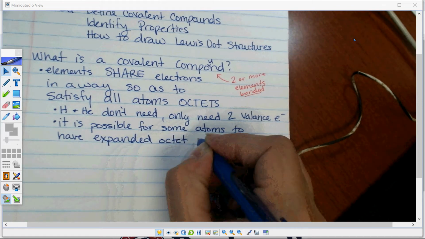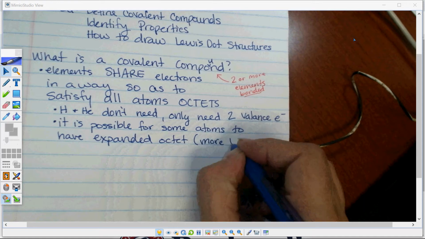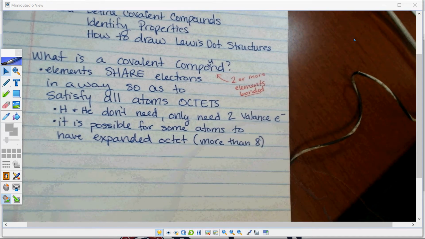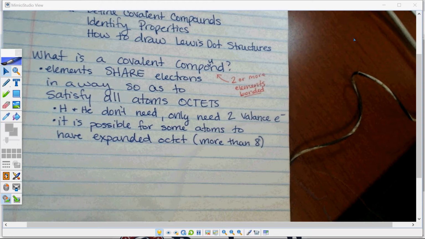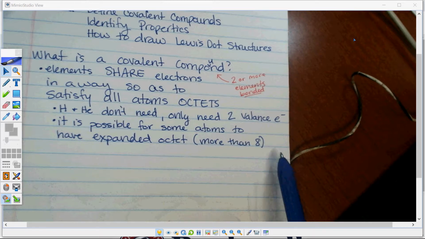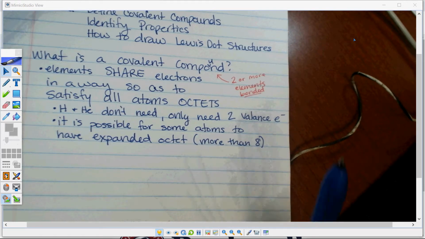And all that means is that they can have more than 8. We don't attempt to put more than 8 valence electrons on them if we can satisfy them with 8 some other way. But if the only way to satisfy every octet requires that an atom has a couple more than 8 electrons, that's okay. And that will make sense when we get into drawing Lewis structures.